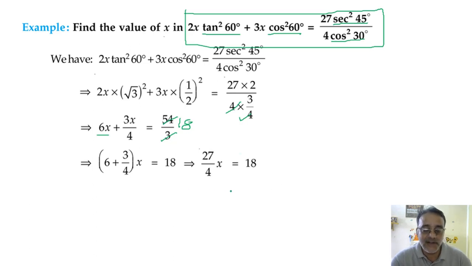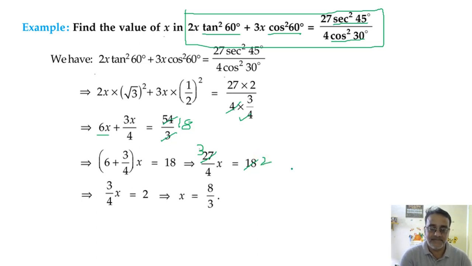Now, what is the value of x? 18 into 4 by 27. Right. Or we can simplify, we can cancel it by 9. So we get x is equals to 8 by 3. Any doubt? No, sir. Okay, fine. So this is the last question.